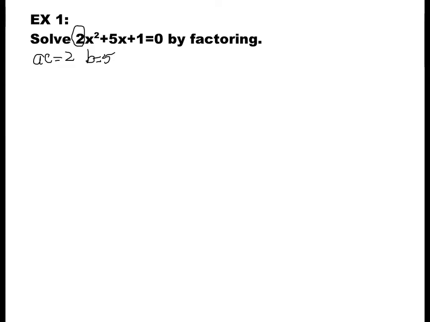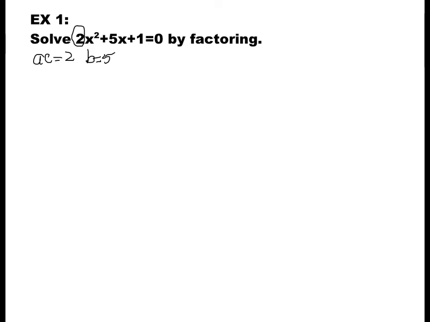Now the question is, find two numbers that the product is 2 and the sum is 5. And it's obvious that we can't find those two numbers. Remember, the two numbers have to be integers. So what we are going to do is use completing the square.